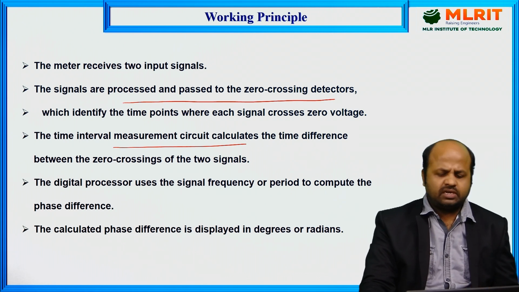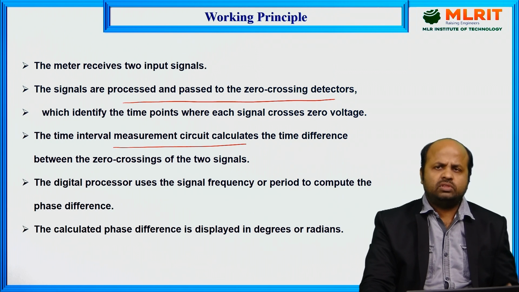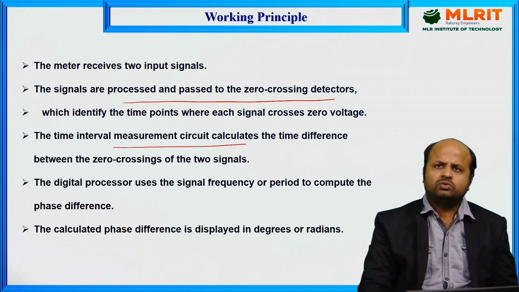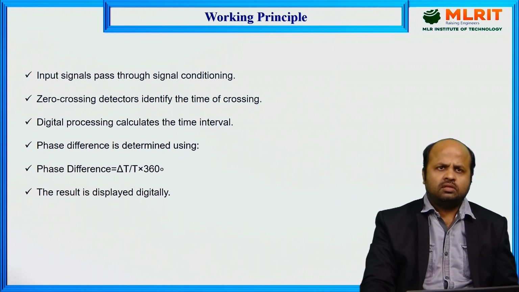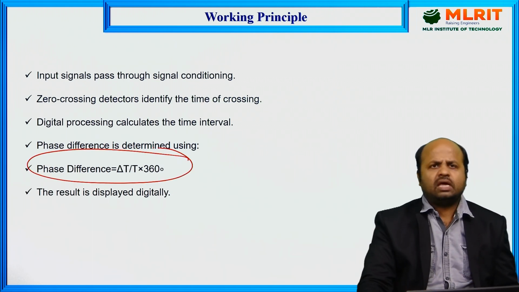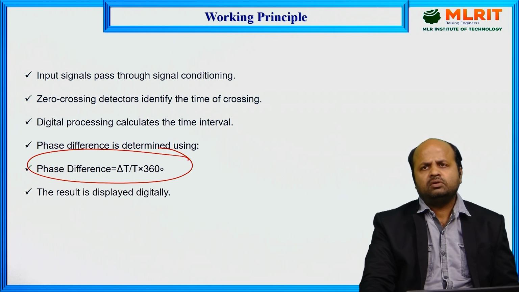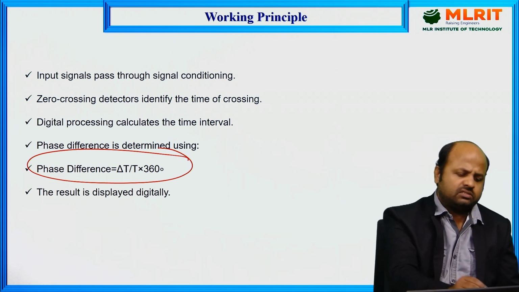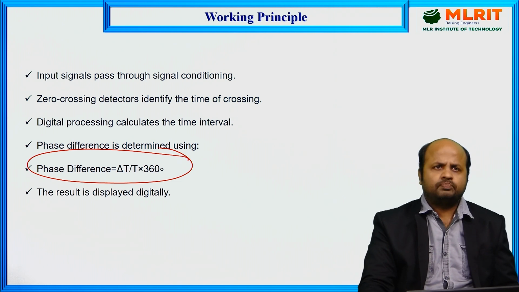So once the delta T is calculated, with the help of a formula, we can easily calculate the phase difference between two signals. Delta T is the time delay between two signals and T is the time period of the signal.